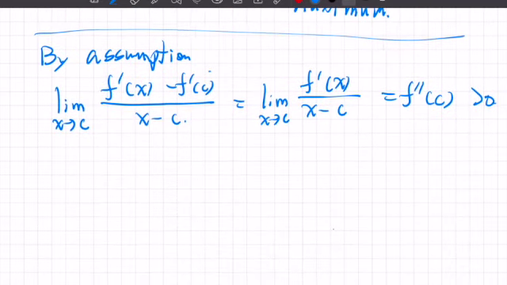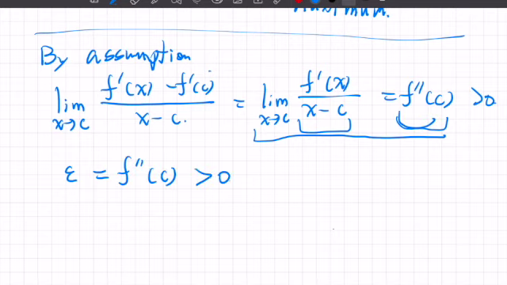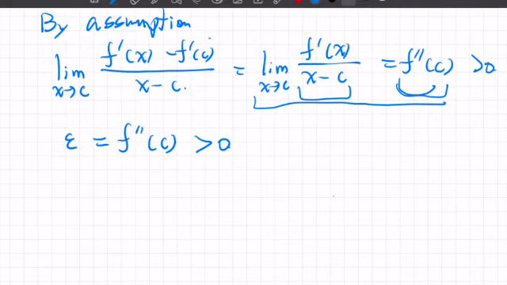Now, at this point, we apply the definition of limits. So the limit of this is equal to this. So first of all, we define epsilon to be this value. It could be any positive value, right? So let's define epsilon to be f double prime of c.